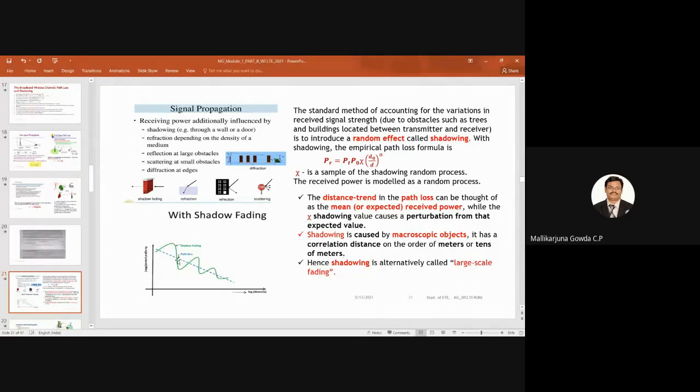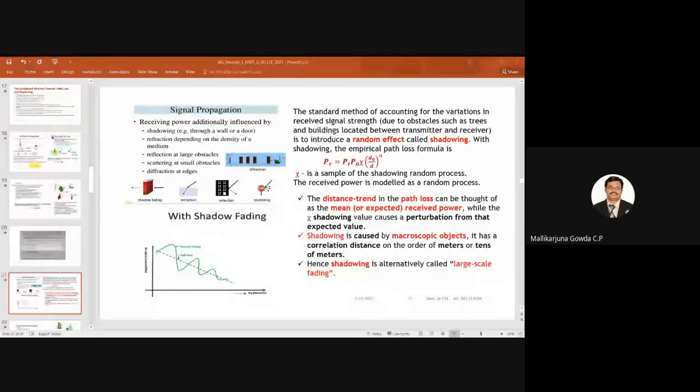Here I have given a graph of received signal power. Hope you are able to see this slide. This graph is about two things. One is the path loss. The received signal power, in dBm, is shown on the y-axis, and the x-axis is the distance, on a logarithmic scale.